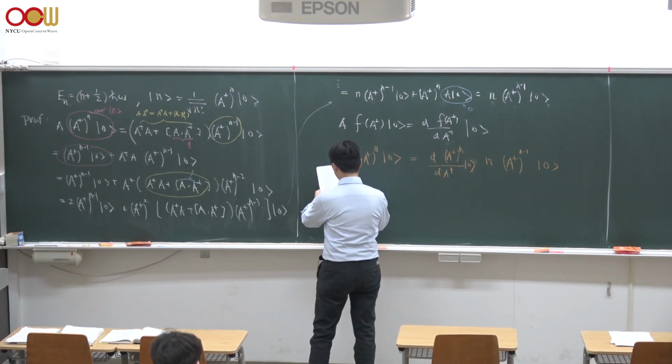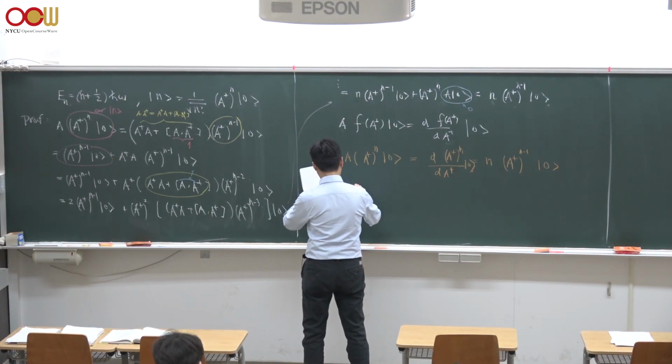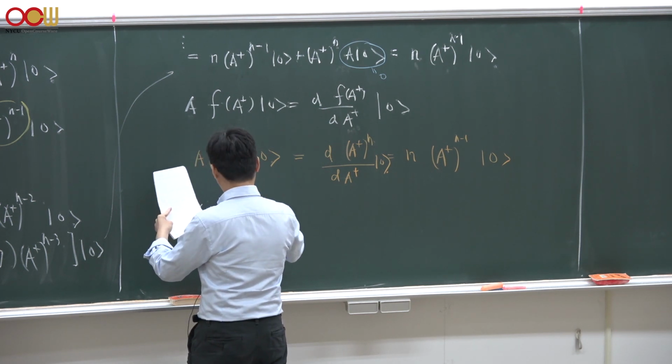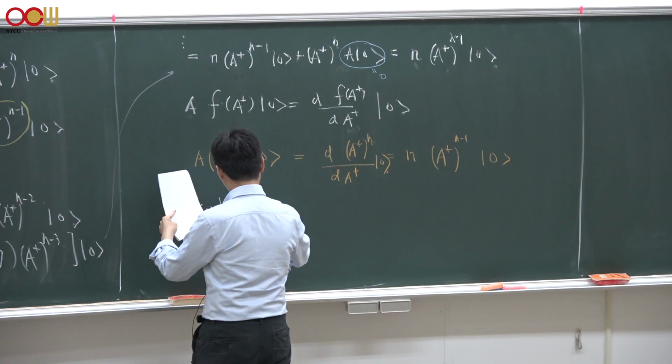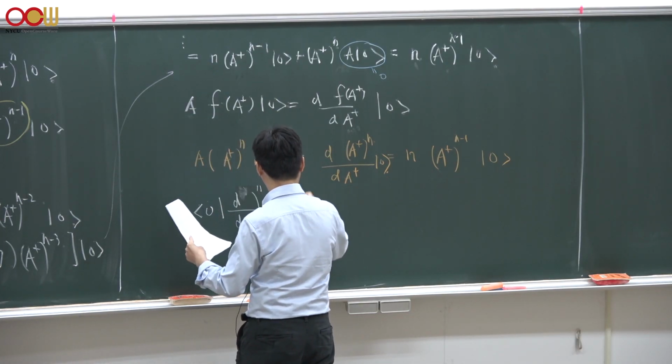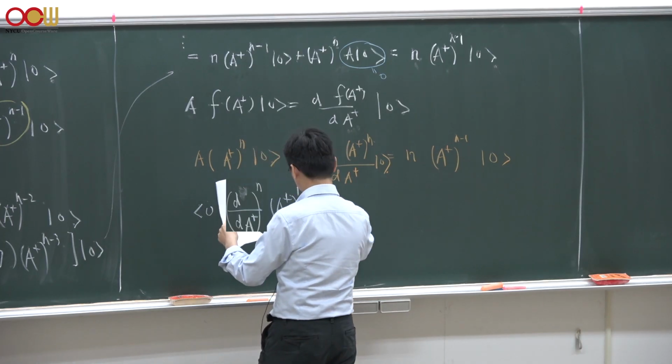So suppose I simply calculate this stuff. We take the nth order differentiation with respect to a dagger of a dagger to the power of n.